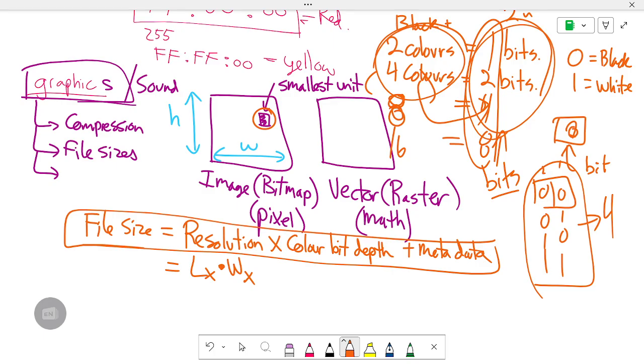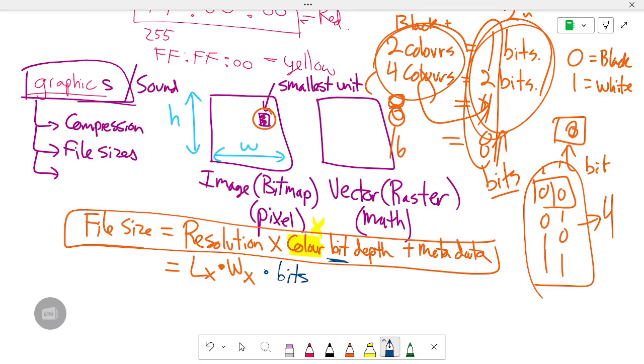And so just note, do not multiply by color. When you're studying, remember to underline bits, so that in your brain, you can think bits. If it says there's 24 colors, there's 256 colors, you need to convert that into bits. Because we're talking about file size. So just multiply this by the bits.